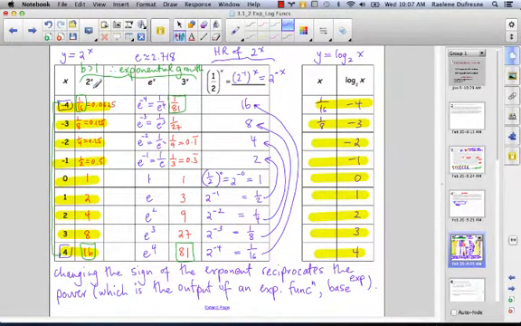Meanwhile, the outputs of y equals 2 to the x were the powers, 1/16, 1/8, 1/4, 1/2, 1, 2, 4, 8, 16. The outputs of the original function become the inputs of the inverse function. So this is 1/16, 1/8, 1/4, 1/2, 1, 2, 4, 8, and 16.